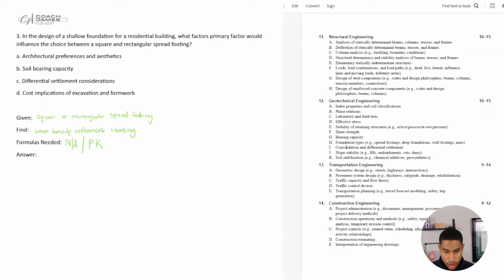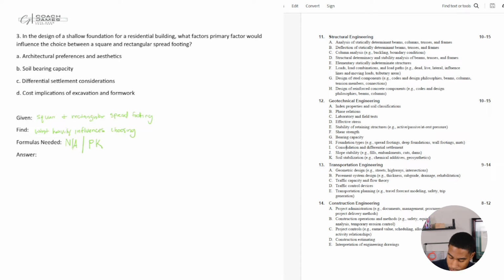Here are a few factors. Load distribution, for sure. The distribution of loads from the structure plays a huge role. So if the loads are uniform and symmetrical, a square footing may be more suitable.